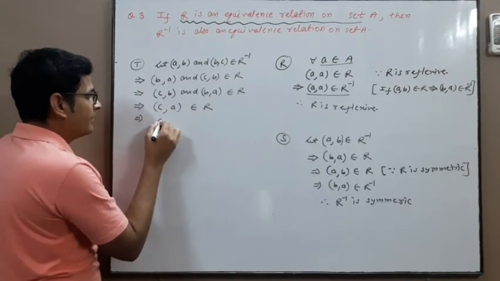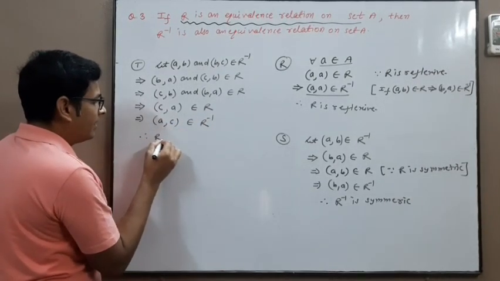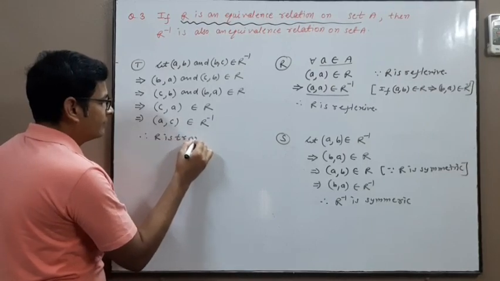Or (c, a) belongs to R means (a, c) belongs to R inverse. Therefore, R inverse is transitive.